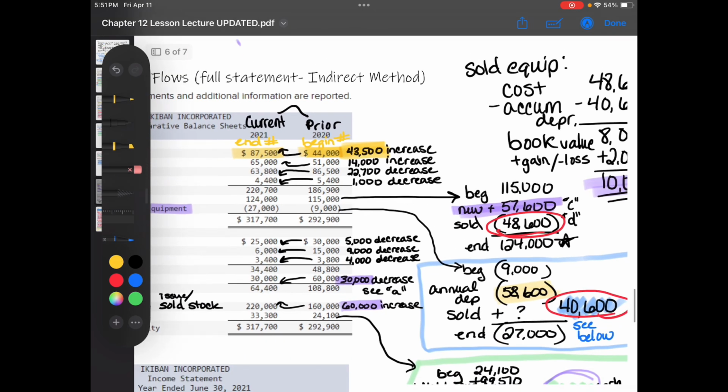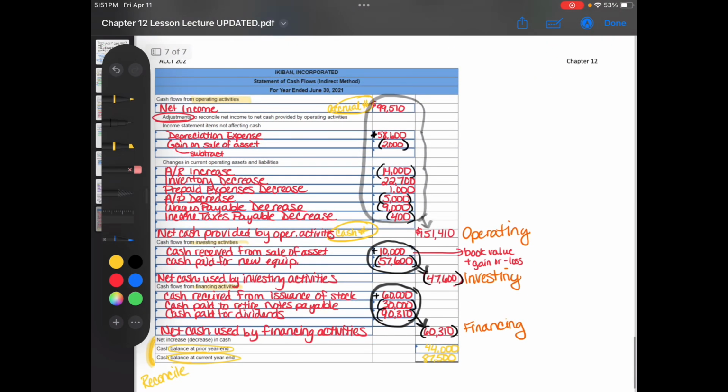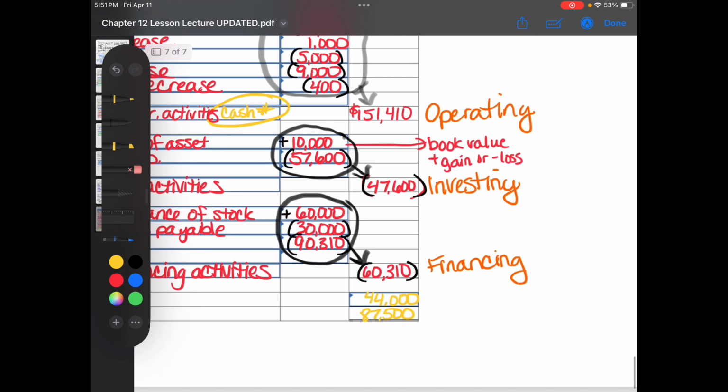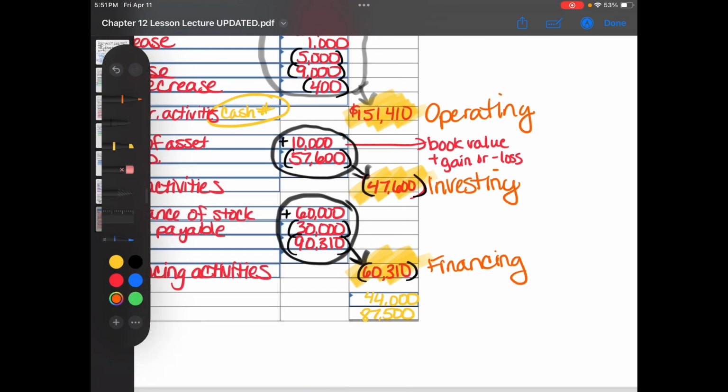So when I come back down here to the statement of cash flows, what I want to see is if I take all of these changes, so that's the total for operating, that's the total for investing, and that's the total for financing. If I take all three of those, and I'm going to change that to orange because I think I was using orange for that, and add and subtract them, so 151,410, that's positive, and then I'm going to add, but it's actually negative, 47,600.